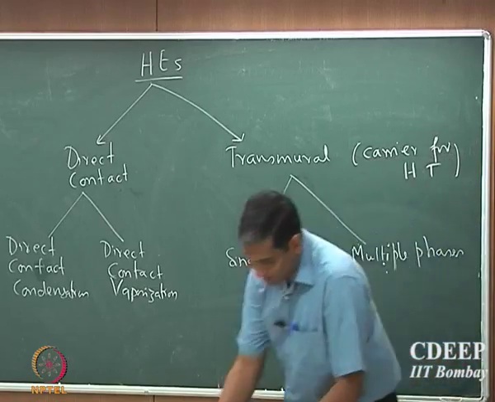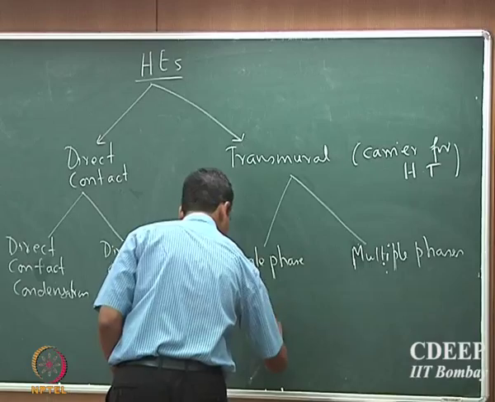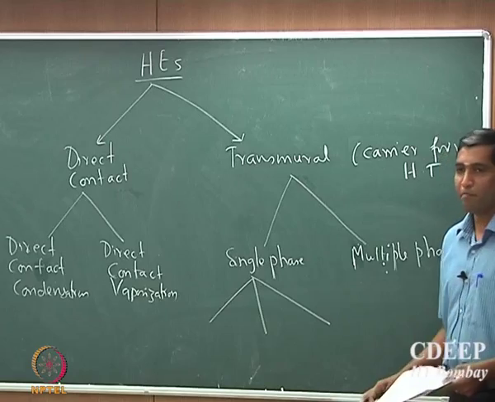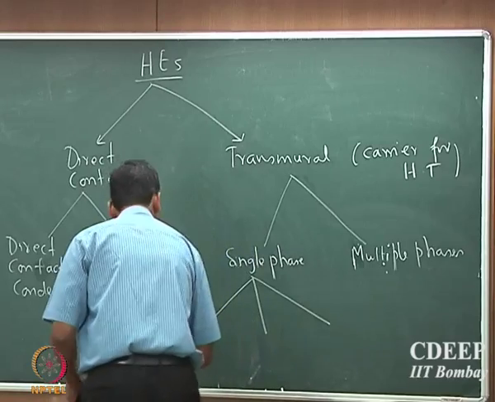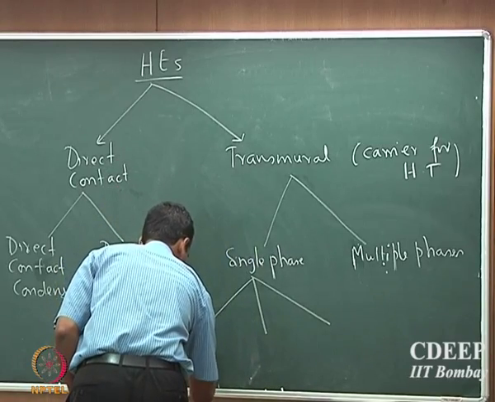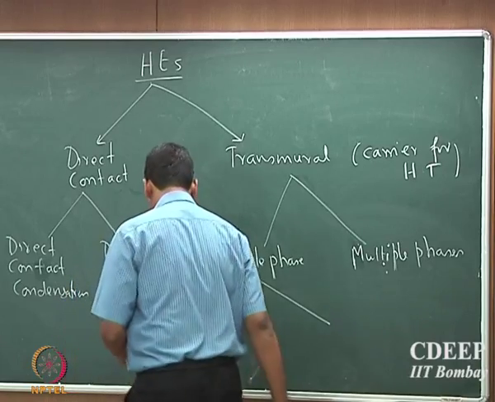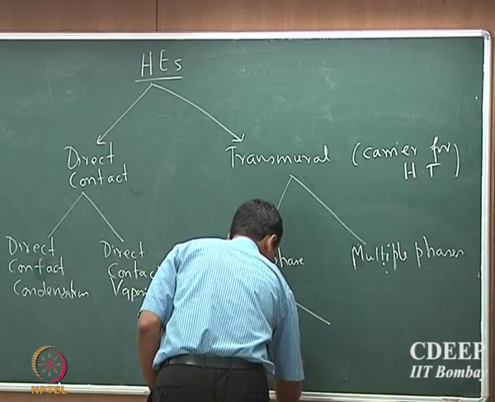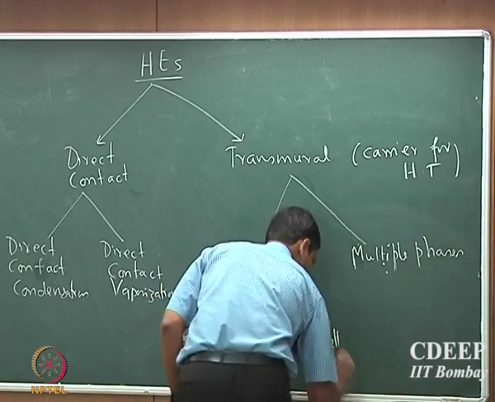Okay. So, in single phase, you have three types. Okay. So, these three types are actually based on geometric classification. Okay. So, you have double pipe, and you can have compact, and you have shell and tube. Okay.